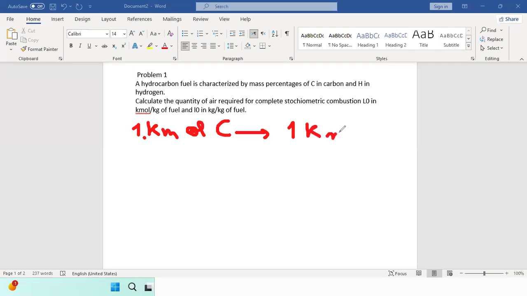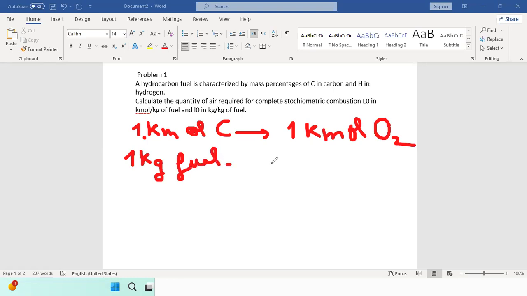But in this problem, we have percentages in mass. So to be able to do the analysis here, we say if we have a mass percentage of C, this means that if I have 1 kilogram of fuel, in 1 kilogram of fuel I will have C kilogram of carbon and H kilogram of hydrogen.